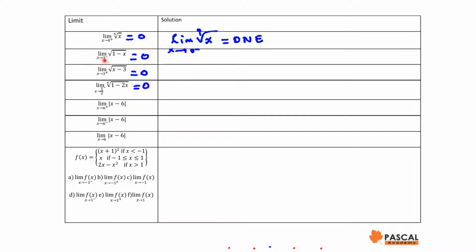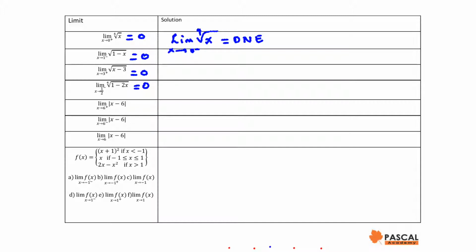The limit of the square root of 1 minus x as x approaches 1 from the right side doesn't exist, because when x is greater than 1, the square root of 1 minus x is undefined. The limit of the square root of x minus 3 as x approaches 3 from the left side does not exist, with the same reasoning.